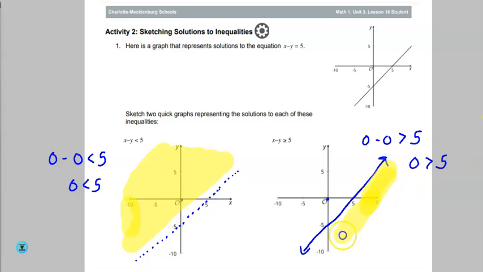The other side. Since that didn't work at 0, 0, shade the other side. So for this one, the solution's down here, but it's a solid line because it has that or equal to. This one didn't have that or equal to, so it's a dotted line.